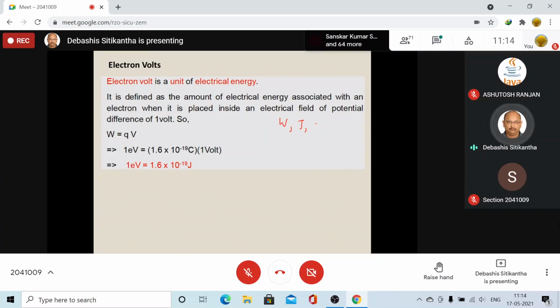Since you are dealing with free electrons here, when I want to measure the energy required to imprint on a paper, we may use the unit known as electron volt.